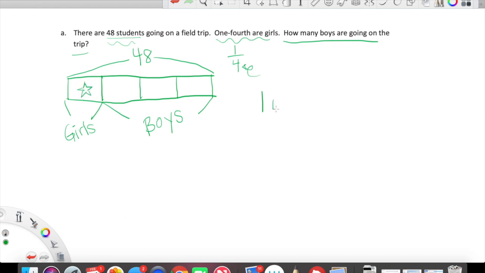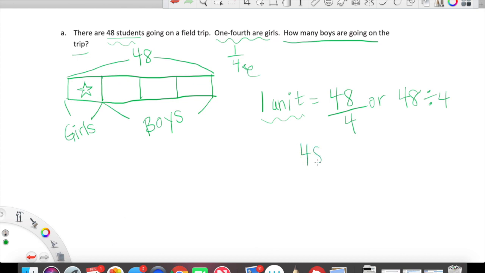So whatever 1 unit is equal to, that is how many girls we are taking on this field trip. 1 unit, you guys, equals 48 divided by 4, or 48, that's our whole, divided by, or across 4 equal sections. Okay, so let's figure out what our 1 unit is first, you guys.